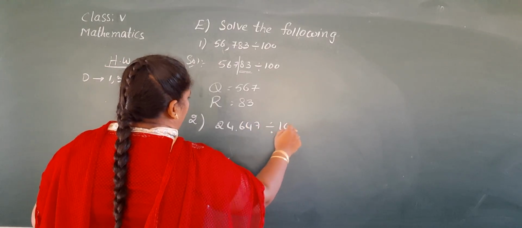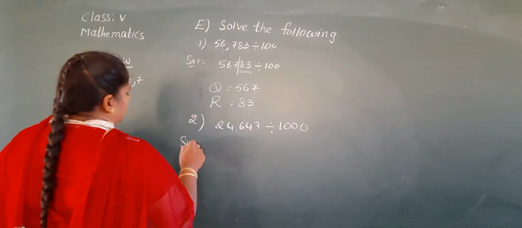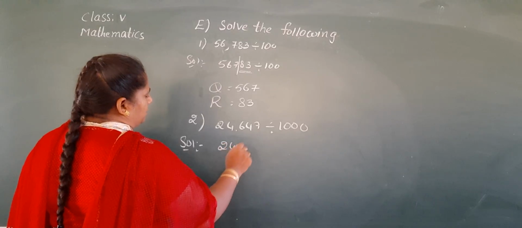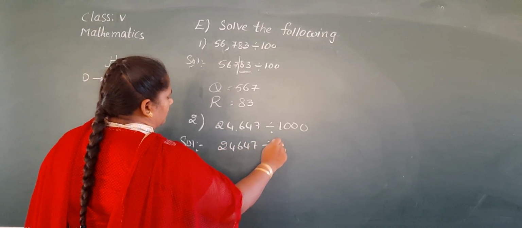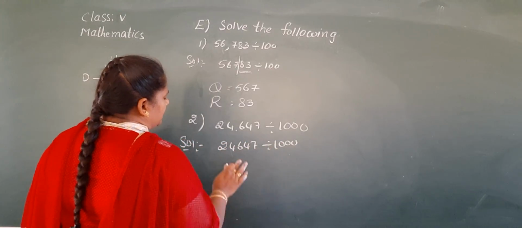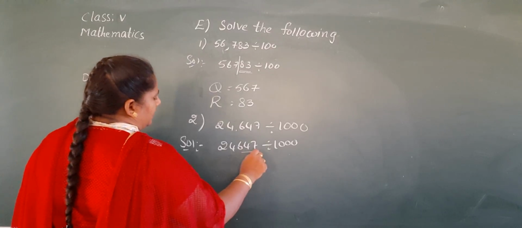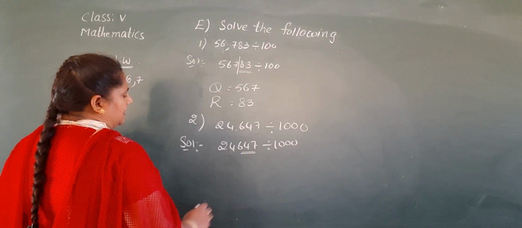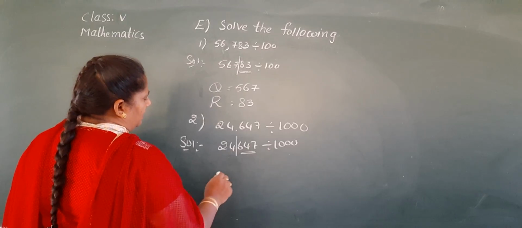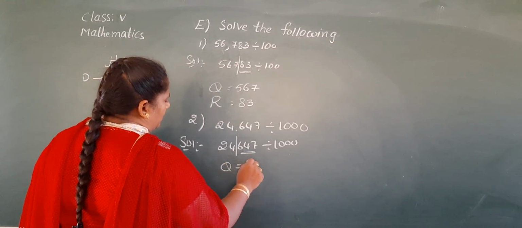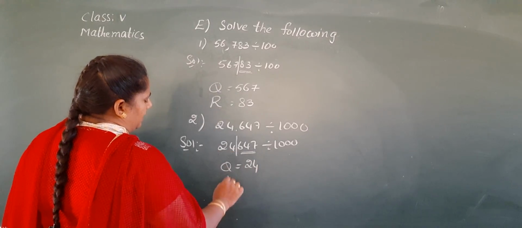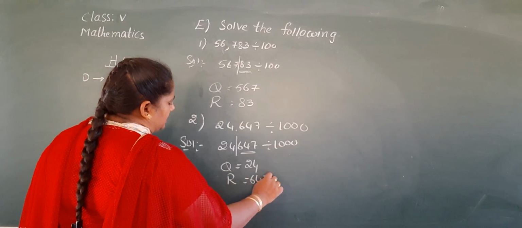Now 24,647 is divided by 1000. Yes, here that number is divisible by 1000. That means 3 digits become the remainder. So that you draw the line. Quotient is 24, left side part, and the remainder is 647.